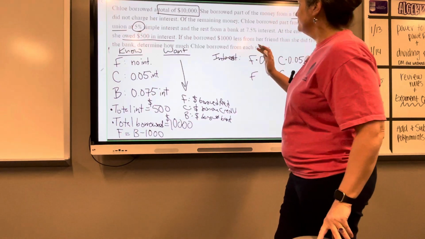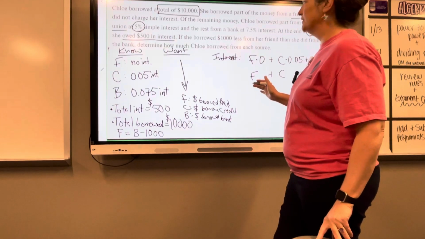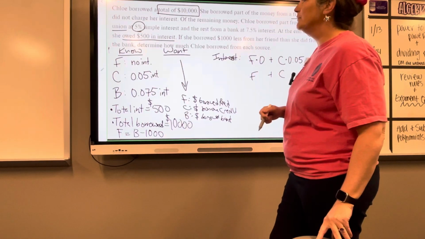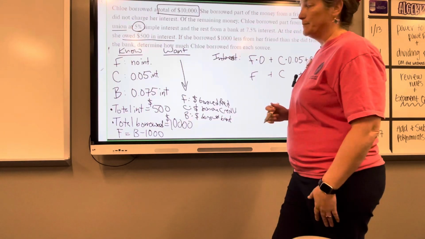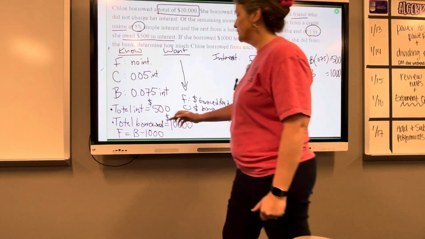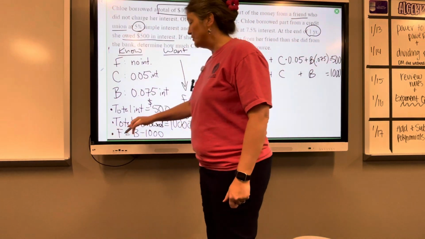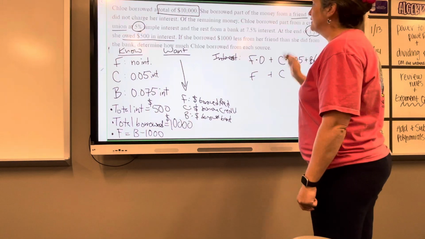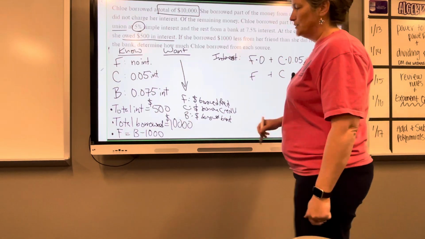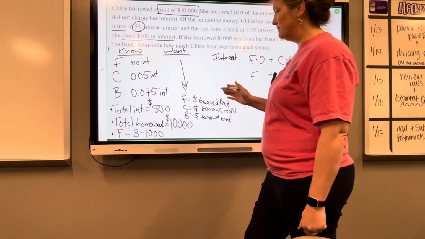So I need a third equation because I have 3 variables. The only way this has a chance of solving is if I have as many equations as I have variables. So this was a relationship among the given information. So friend equals B minus 1,000.